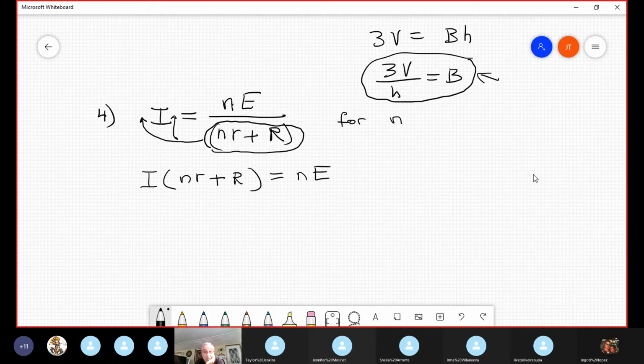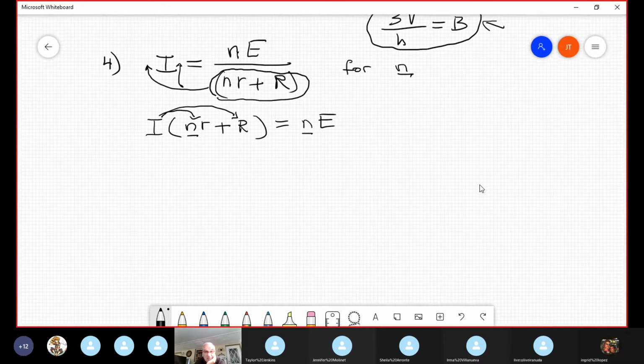Now, my goal, remember, is to solve for M. And we have M here and here. So you apply the distributive property because I want to remove the parentheses.